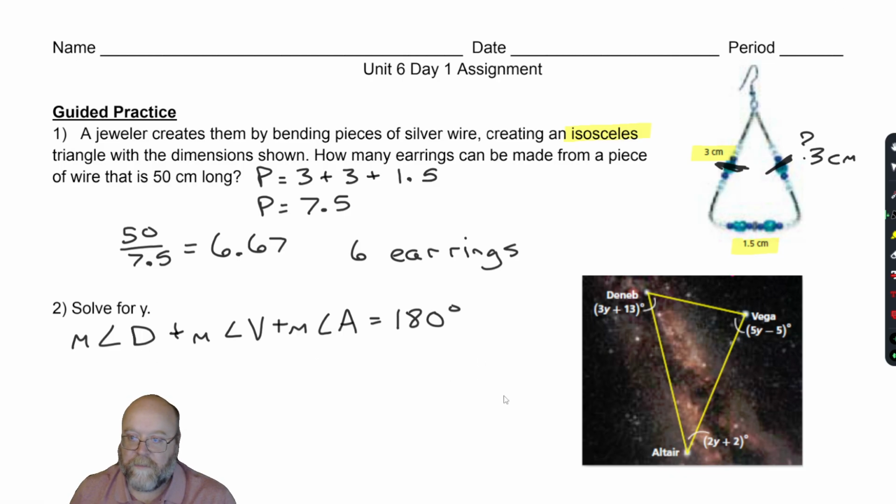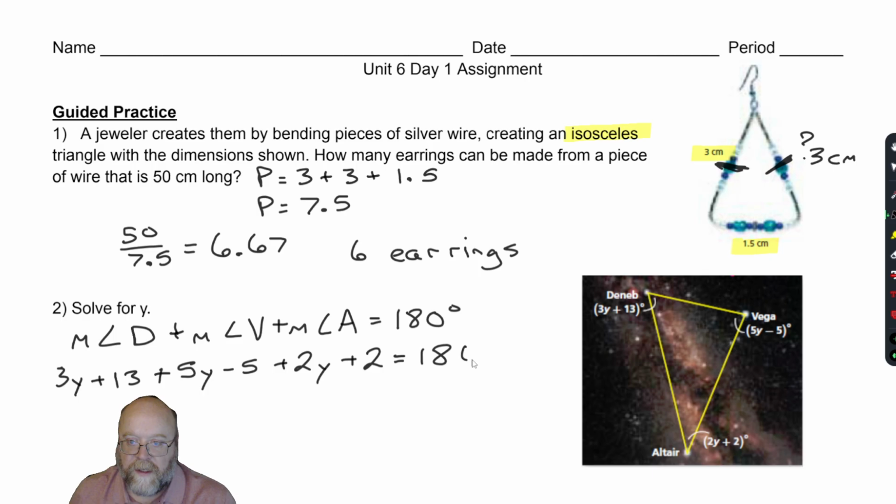D is coming over here, 3y plus 13, plus, from the equation, V. Where's Vega? There it is. 5y minus 5, plus measurement of angle A. Where's angle A? There it is. It's 2y plus 2. And that's all going to be equal to 180 degrees.